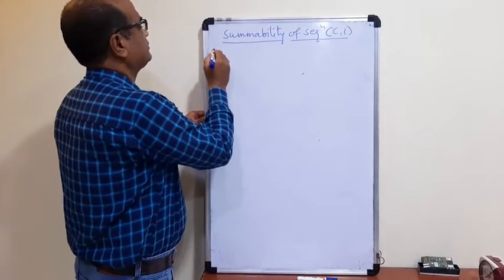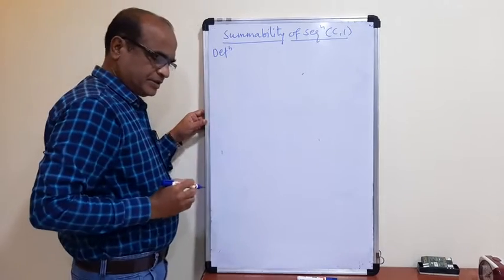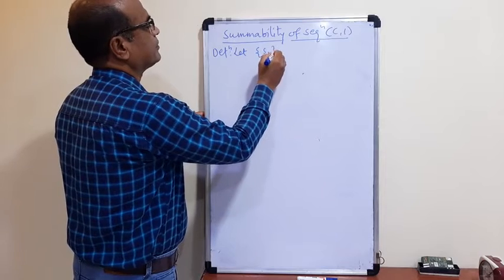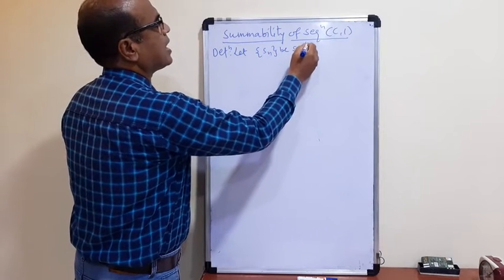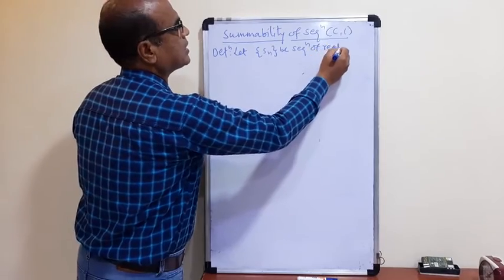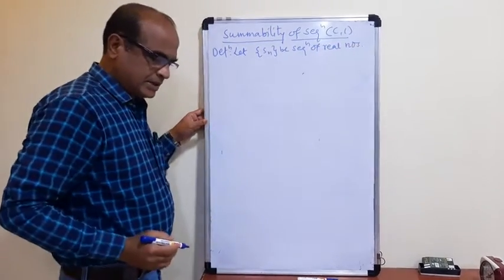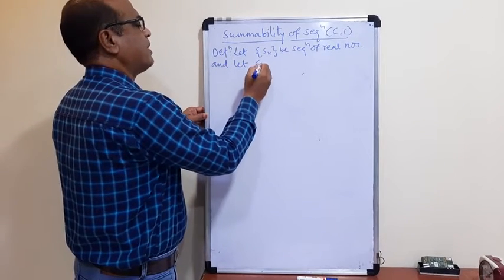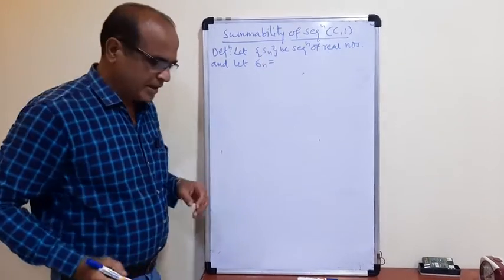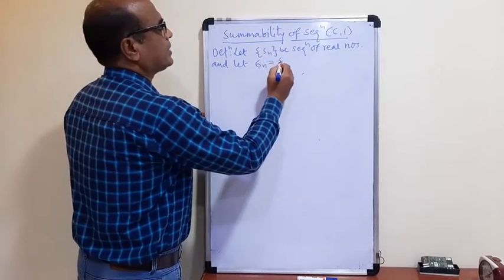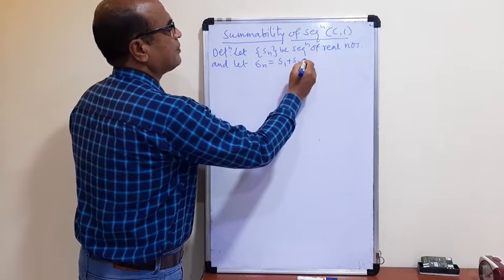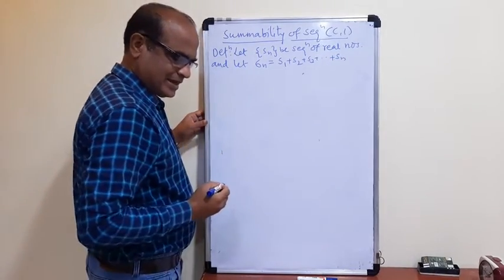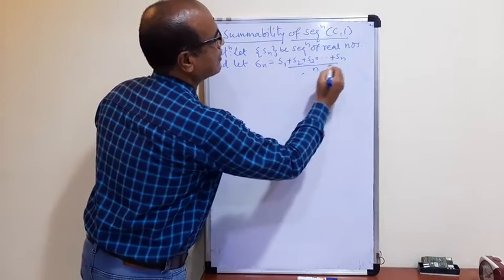Definition: let Sn be a sequence of real numbers and let sigma n be S1 plus S2 plus S3 up to Sn, divided by n, where n belongs to I.